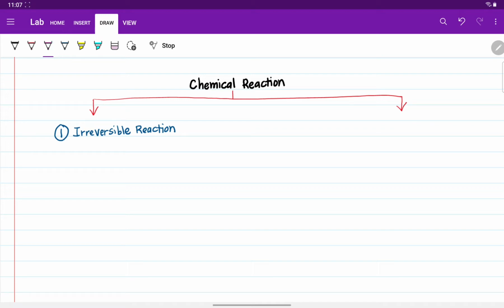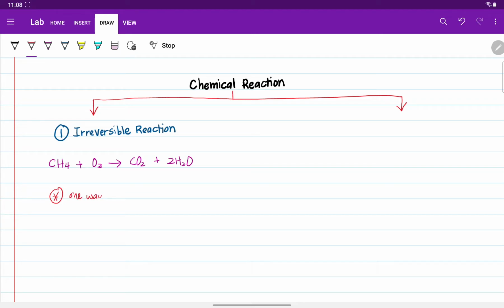Macam kita pernah bincangkan sebelum ni, for example, I have this equation. Kenapa saya kata this reaction is an irreversible reaction? Okay, this is because dia adalah one-way reaction.